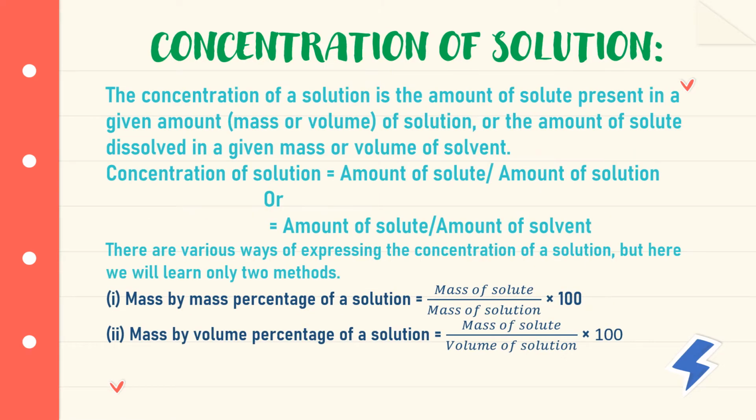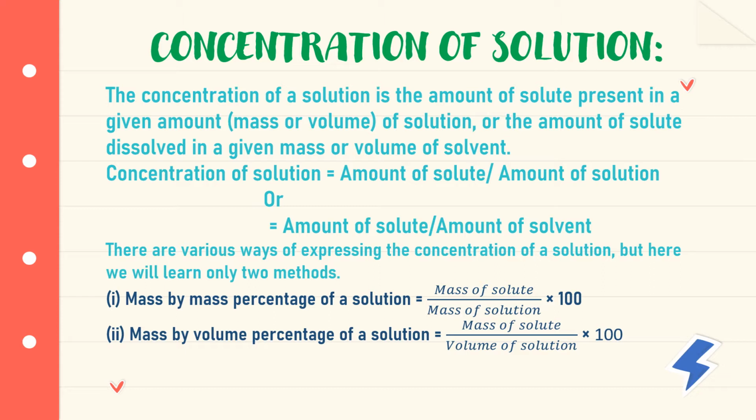As we know, students, the concentration of a solution is the amount of solute present in a given amount of solution, or the amount of solute dissolved in a given mass or volume of solvent.